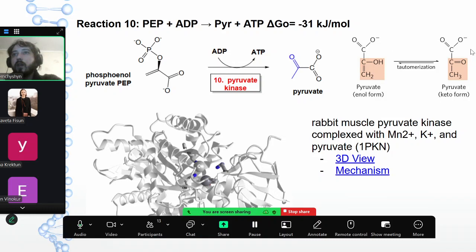Here you see the keto-enol tautomerization. I'm not sure if I told you about that in the first part of the organic chemistry, but anyway, here is an example of how the molecule performs so-called tautomerization.